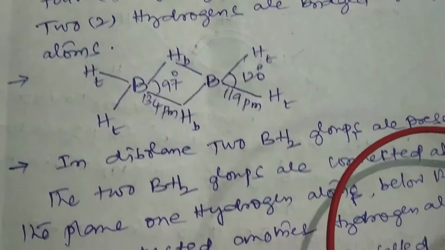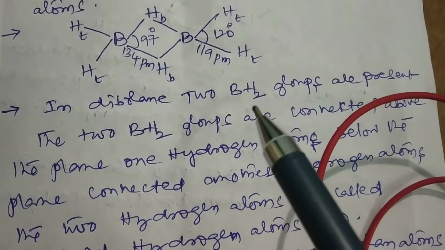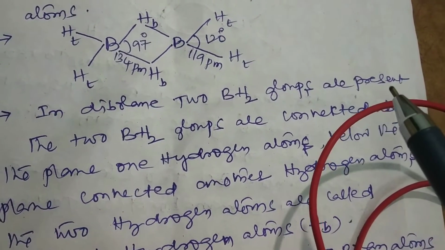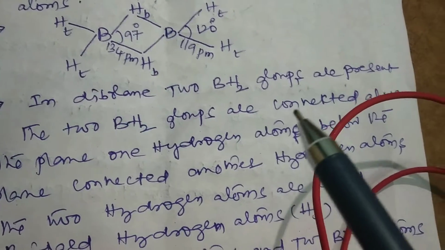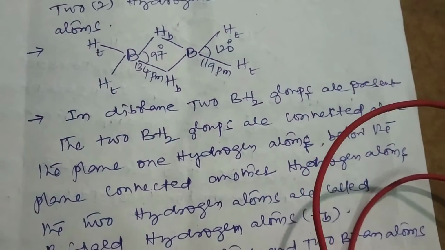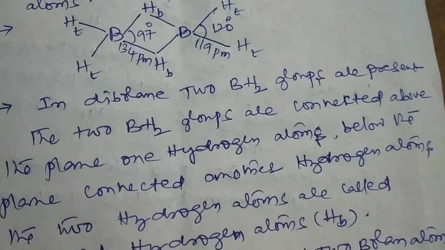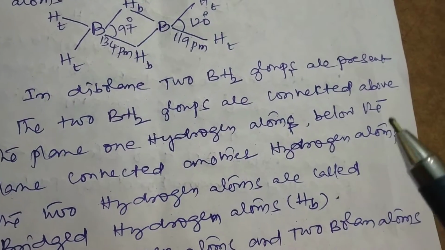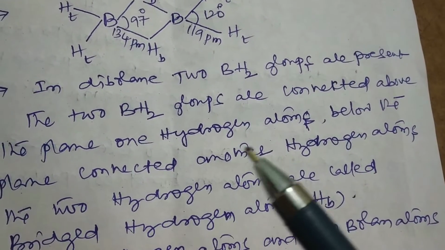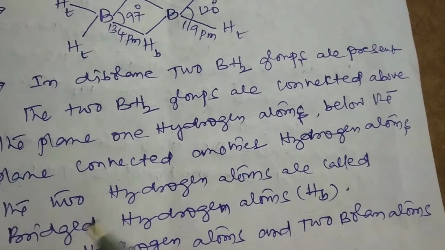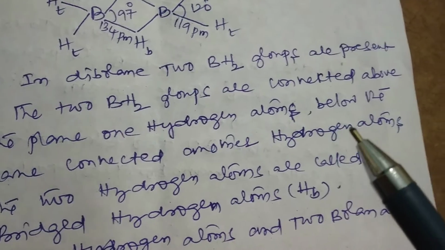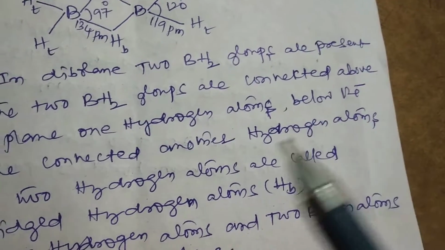In diborane, 2 BH2 groups are present. The 2 BH2 groups are connected above the plane by one hydrogen atom, and below the plane another hydrogen atom is connected.